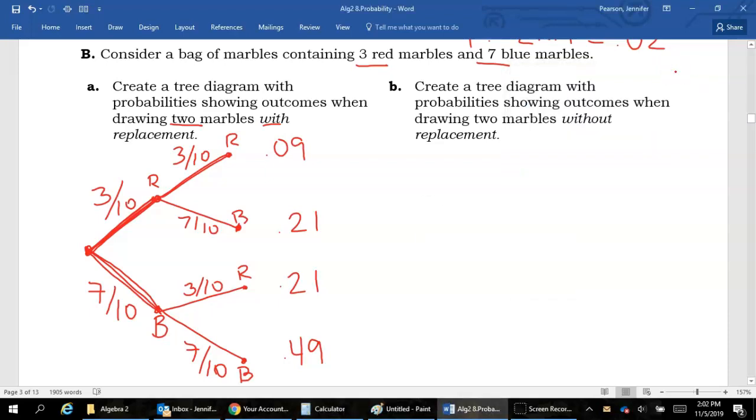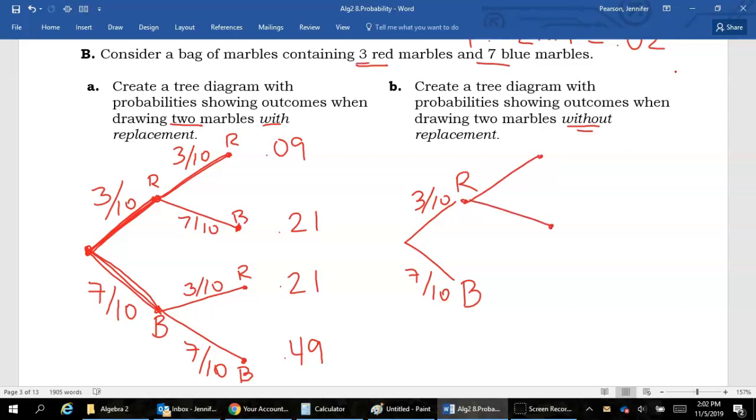Let's figure out what happens to my probabilities without replacement. My original setup is the same. Pulling a red, I have a 3 out of 10 chance. Pulling a blue, I have a 7 out of 10 chance. Now, without replacement means I'm going to take a red away, and now what happens?